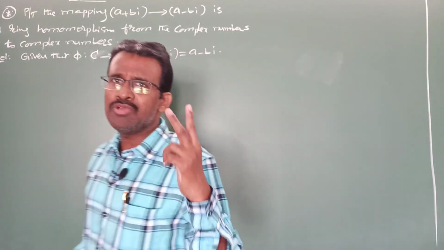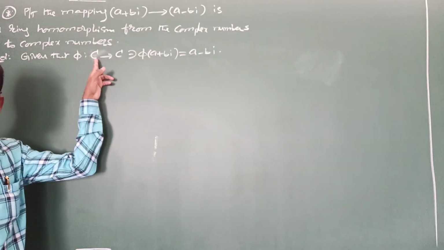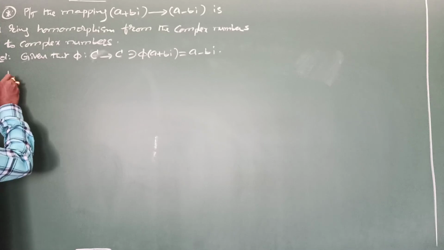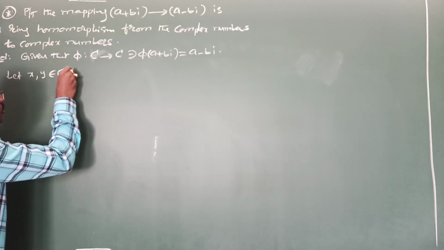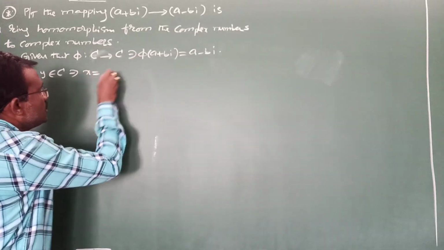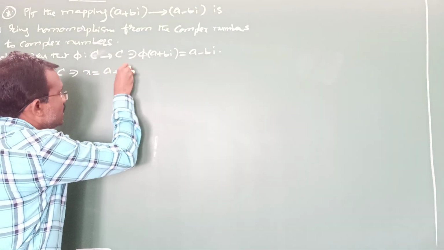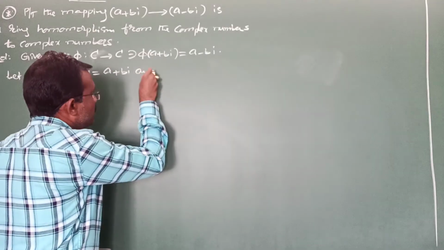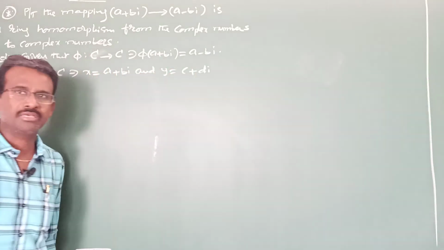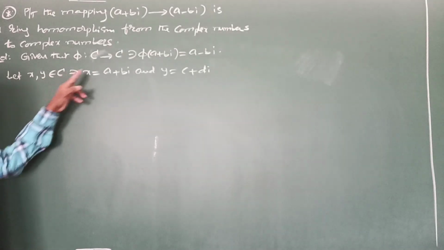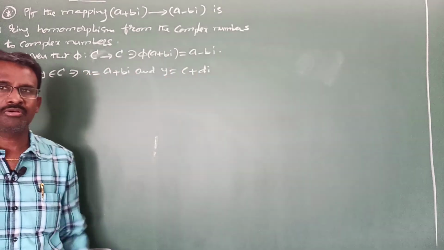For that basically we need two elements in the domain set. Those two elements I am taking as x and y. Let us consider x, y belonging to C such that x is a general element, a plus bi, and for my convenience I am taking y as c plus di. Complex number formation you have to take. X and y are in C means those should be complex numbers, right?